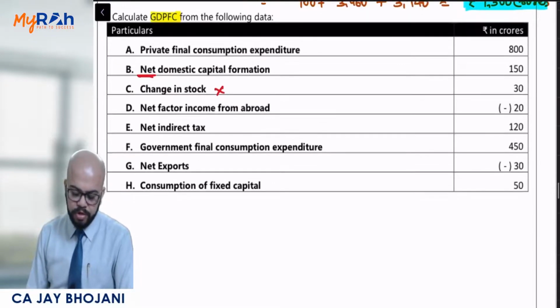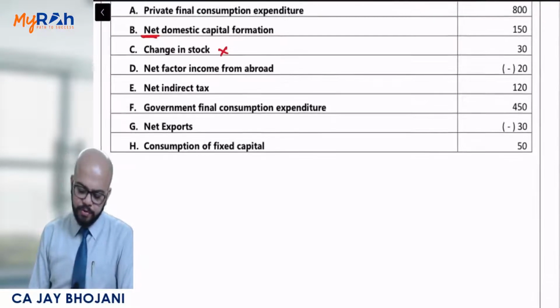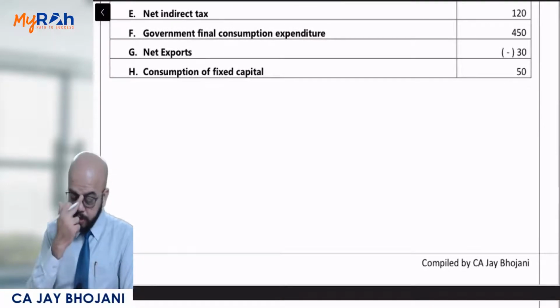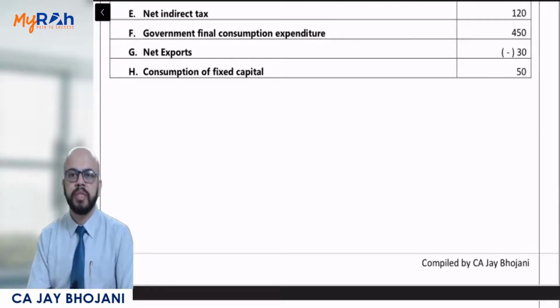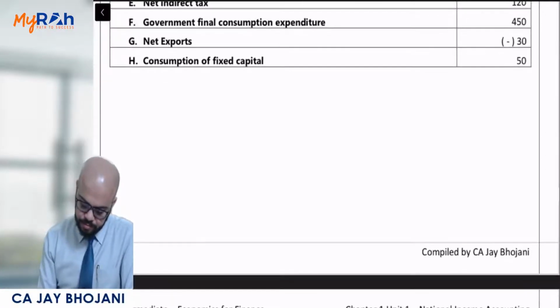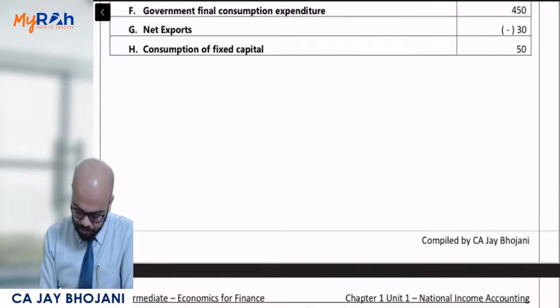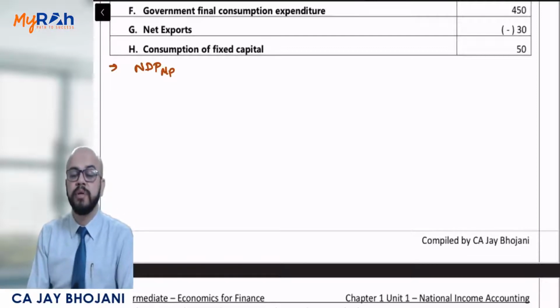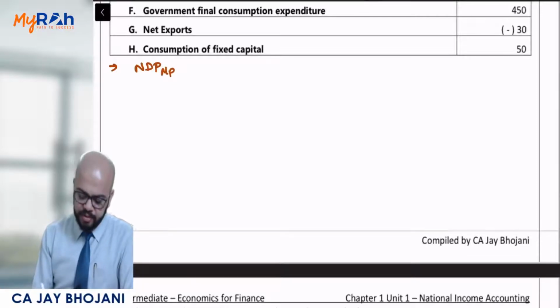So I want GDPFC. So first of all, I am going to find out GDPMP, right? See, how do we do that? In this case, I will be able to find out NDPMP first, because I have been given NDCF instead of GDCF.